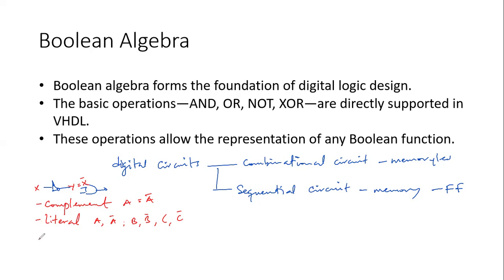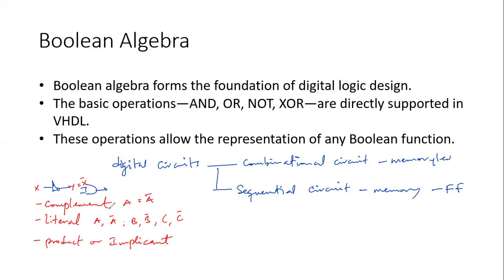Then we have what we call a product or implicant. When we talk about Quine-McCluskey, we'll be talking about prime implicants, okay? But when we say implicant, what we are trying to say is the AND of one or more literals.